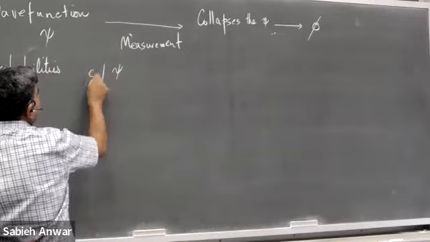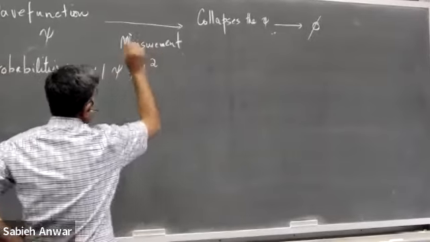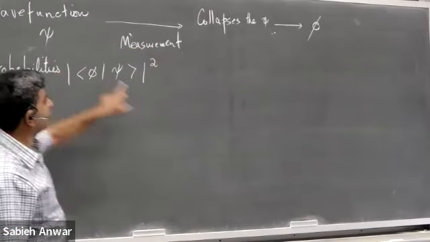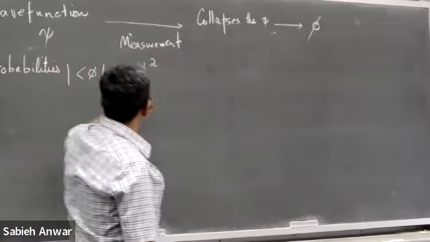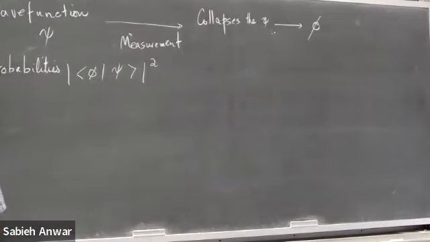But let me just write it once for the sake of completion. The probability that upon measurement the initial wave function collapses to phi is given by the inner product of psi and phi, modulo square. And I'm going to explain this in another fashion in a minute.